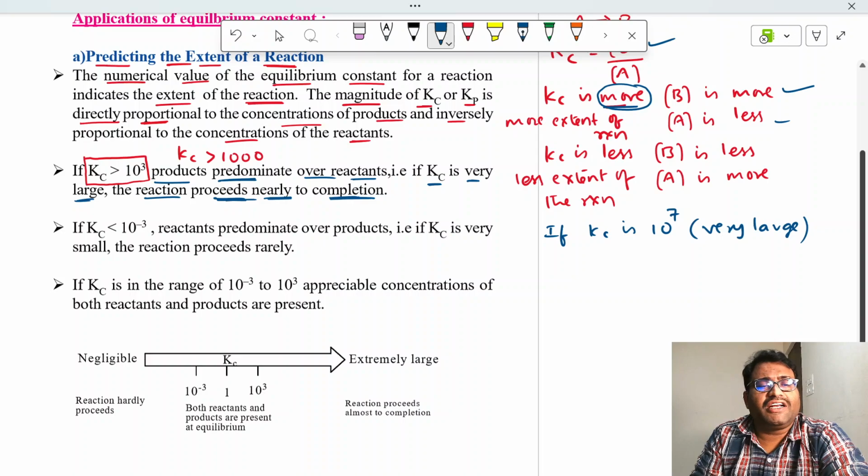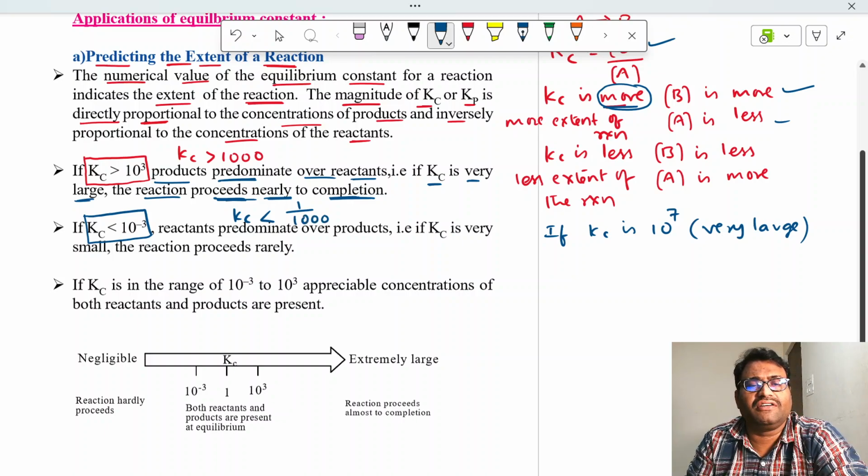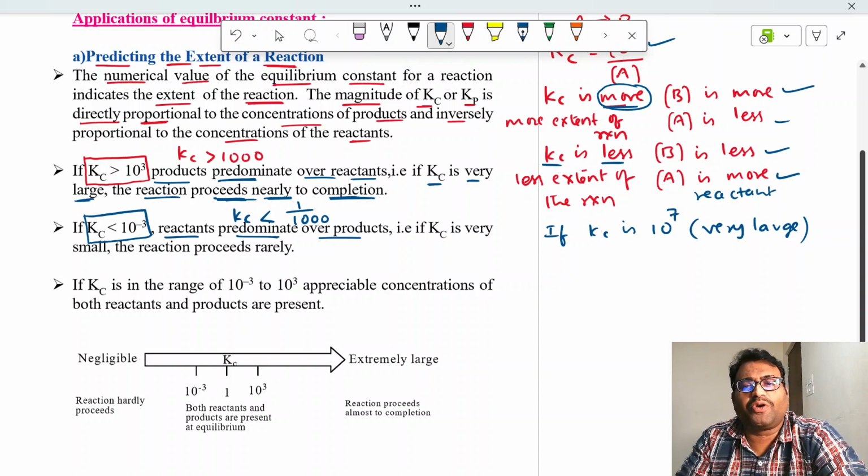Okay. So let us see. There is another condition. If Kc is less than 10 power minus 3, that means if Kc is less than 1 by 1000, then the reactants predominate over products. Already we have seen if Kc is less, B is less and A is more. What is A? Reactant. What is B? Product.